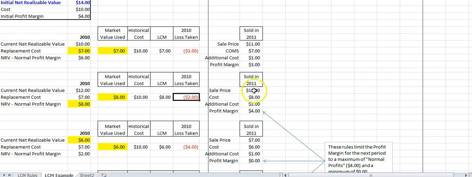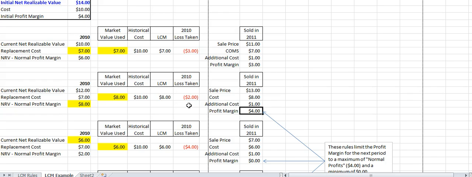Well, if we sell the product for $13 in 2011, we have restored our normal profit margins going forward. Again, the idea is to take the loss up front when it occurs so that in the future you can conduct business as usual and obtain your normal profit margins, or at least something that's semi-normal, not something that would be a ridiculously negative gross profit margin, right?